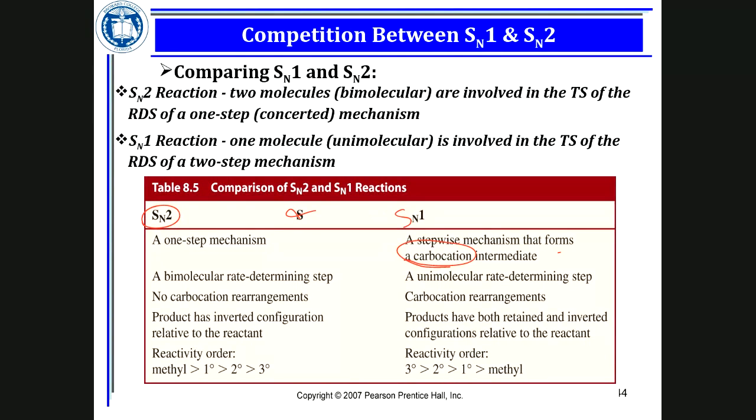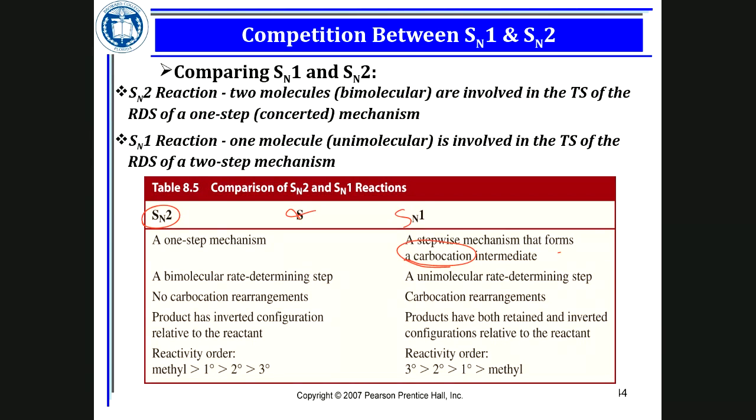That means the concentration of the alkyl halide and the concentration of the nucleophile are both involved in the rate-determining step. For Sn1 it is a unimolecular rate-determining step, and we had the formula already. So rate equals k times the concentration of RX only. For Sn2, rate equals k times the concentration of RX times the concentration of nucleophile.